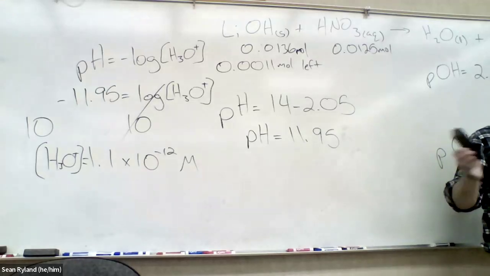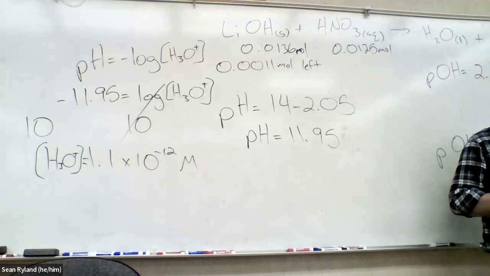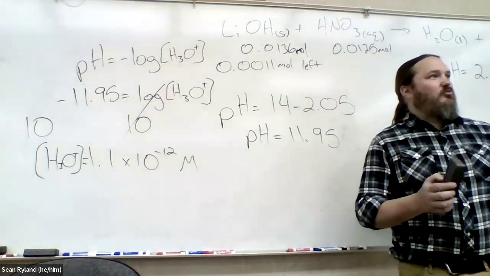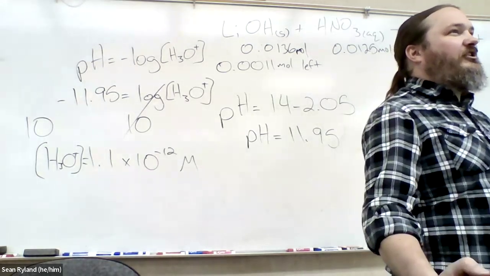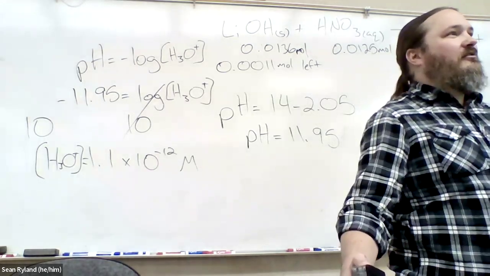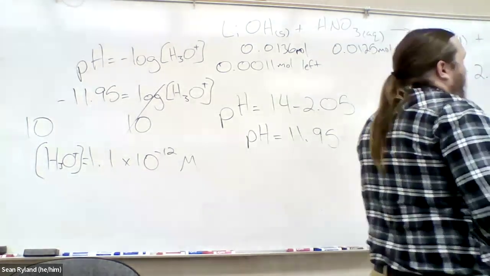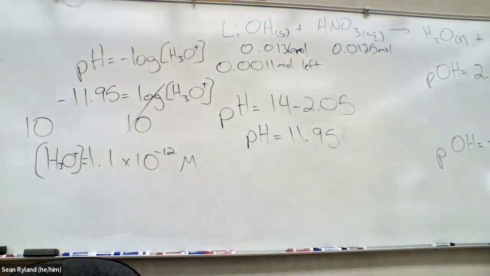And so the scientists of the late 1800s decided we were going to rank solutions' acidity in terms of hydronium concentration, not hydroxide. So all of these questions will always ask pH, even though it's kind of arbitrary. There's no reason why we use pH over pOH. It's just convention. But your answer is 11.95.